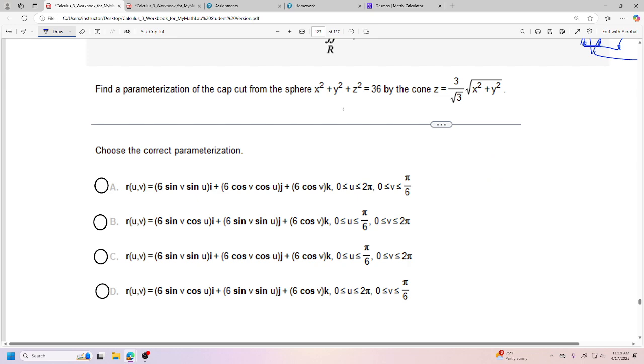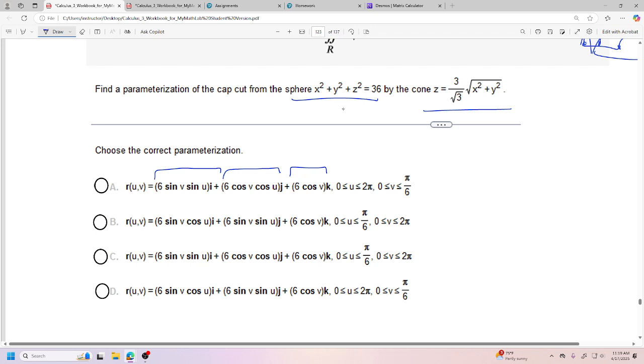What we are looking at here is a sphere and a cone. What options do we have that would make this work? What are the similarities that you're seeing here? Again, remember, these are my I's, these are my J's, and these are my K's. Haven't you seen this before?